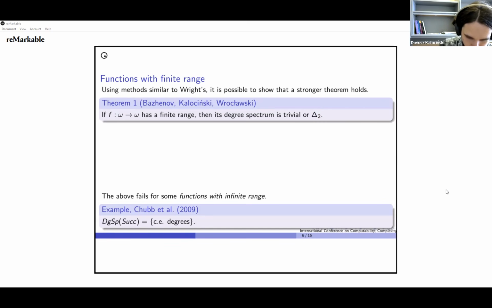Let me give you a brief hint about how it works. We have a total computable function with finite range. Suppose that the finite range is contained in these dots, arranged according to the standard order, like these are natural numbers.